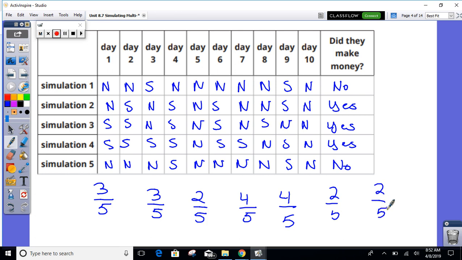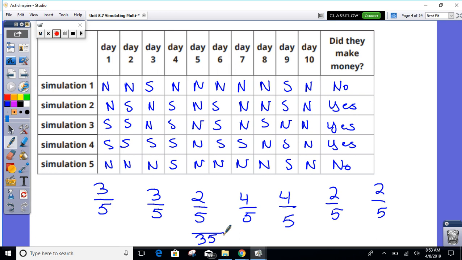Okay, so if we were to look at all of our probabilities put together, we could estimate the probability based on our whole class. We each had 5 trials individually, right? But as a whole class, including me, we had 7 groups, so 35 trials. How many of those trials resulted in snow? Is it 20?